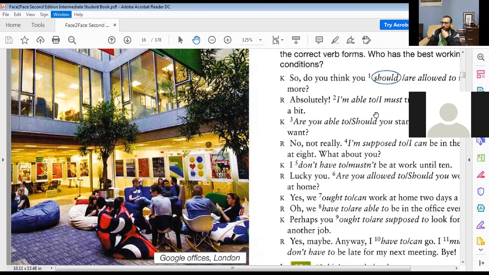It's written below. Google Offices. Yes, exactly. So this is Google offices in London. I think most of them will be employees, right? Maybe there are visitors, or some interns, or new workers who haven't started yet. But most of them are probably employees.